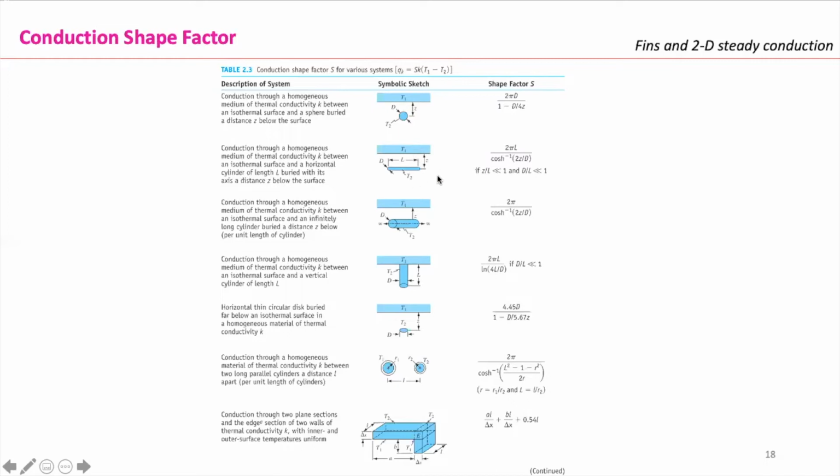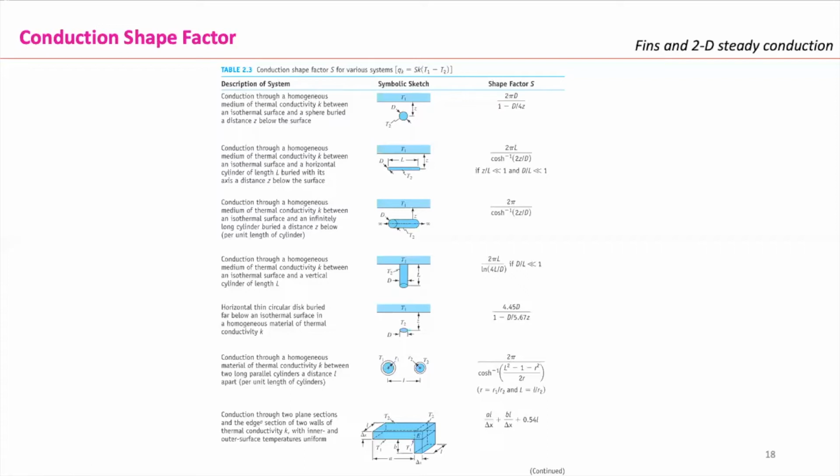We have that distance Z, right? So our shape factor is going to be 2 pi L divided by the cosh inverse of 2Z over D, where Z is that distance, as you can see here in this small drawing that you have in the table, right? Z is the distance buried, right? L is the length of our cylinder or pipe, right?